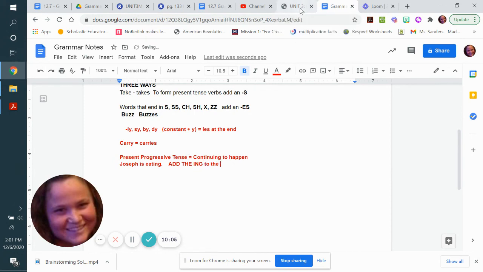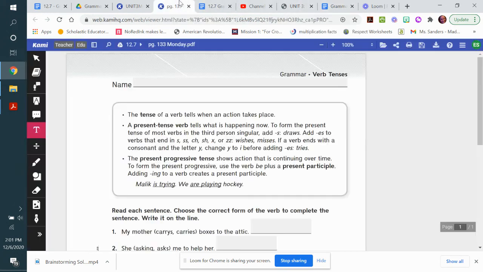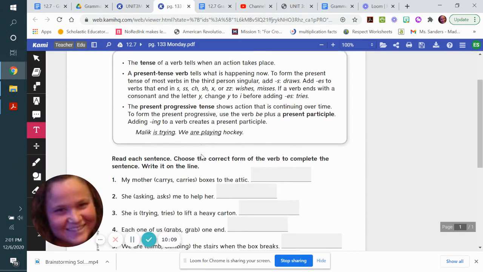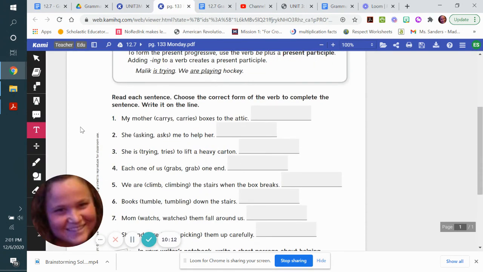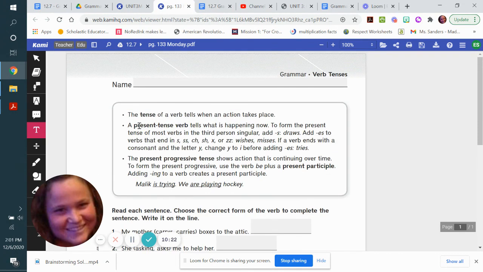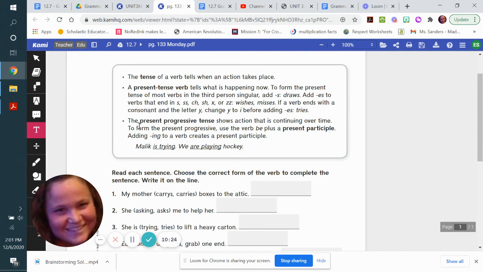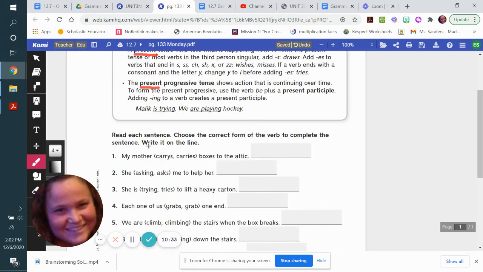Okay, so basically all it wants you to do today is read each sentence, choose the correct form of the verb to complete the sentence, and write it on the line. So we are working with present tense verbs or present progressive tense verbs. Use all of the things that we just learned to help you.